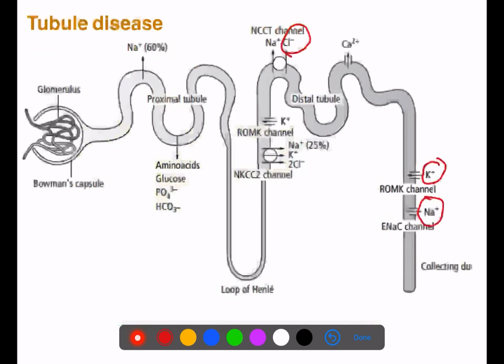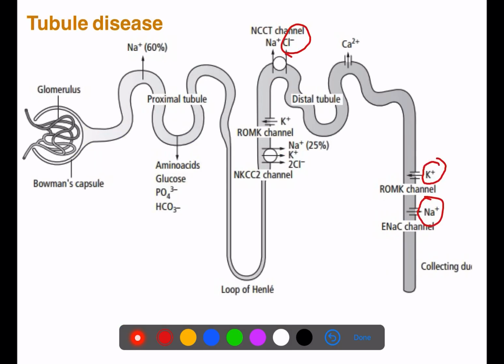Tubular disease. The tubular disease occurs mainly, as we mentioned before, due to toxic substances, infarction, or hypovolemia of blood.